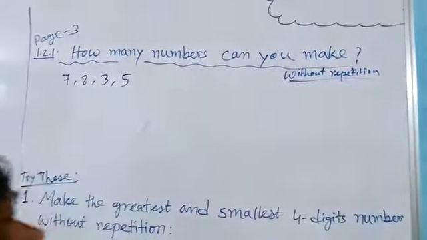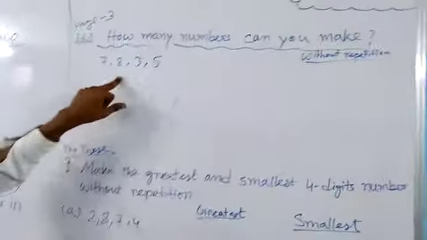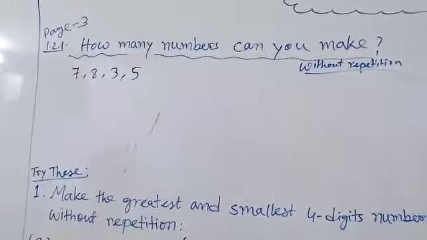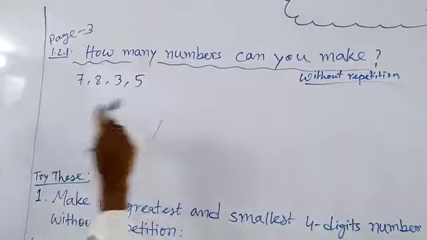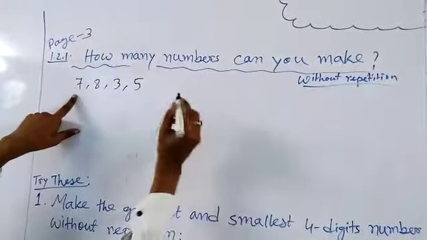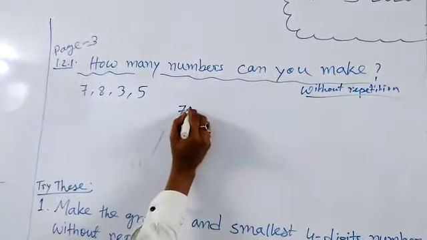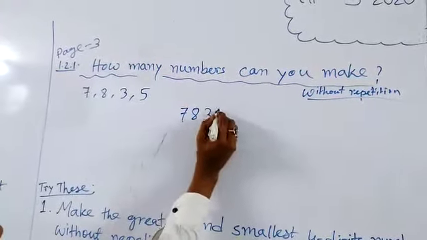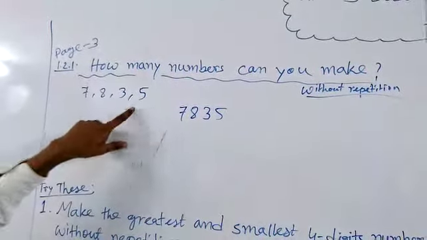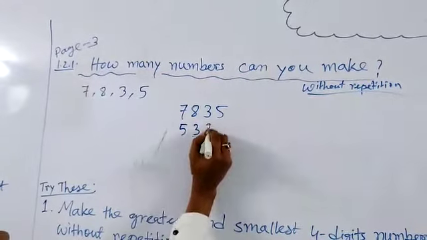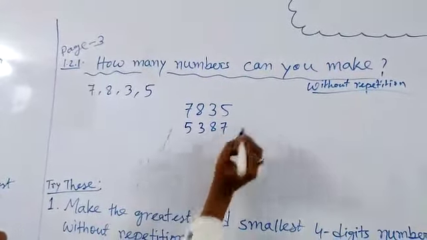Without repetition, how many numbers can you form? Only 2 4-digit numbers. How? First you can write here 7, 8, 3, and 5. Then you can write 5, 3, 8, 7.